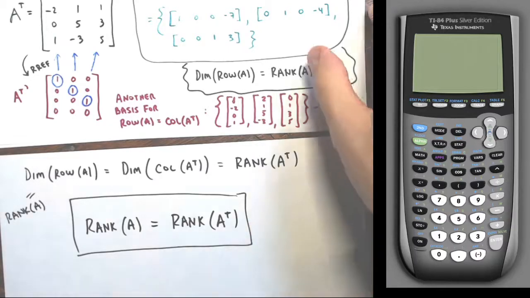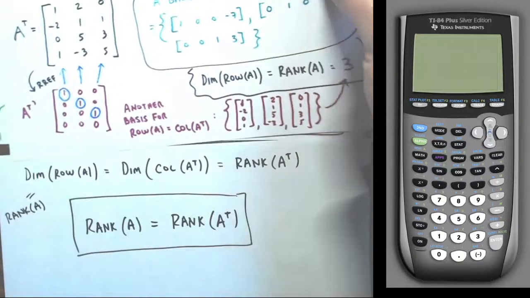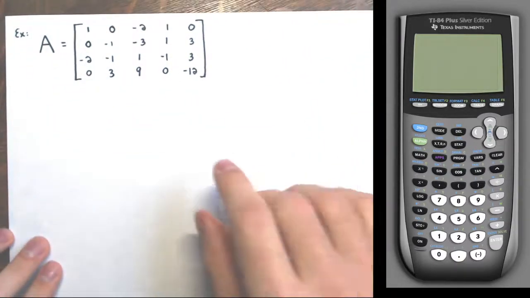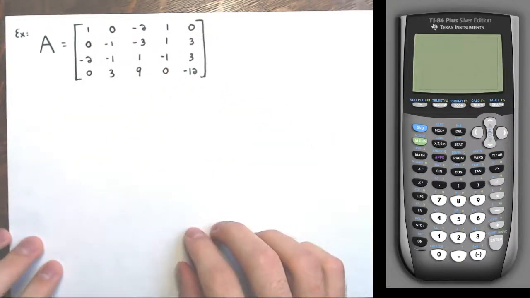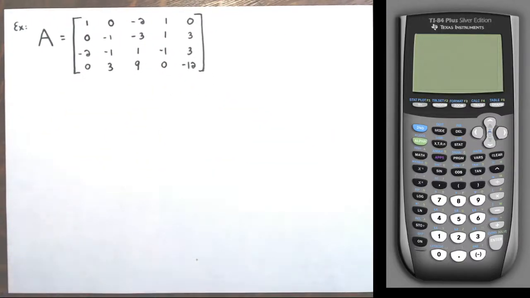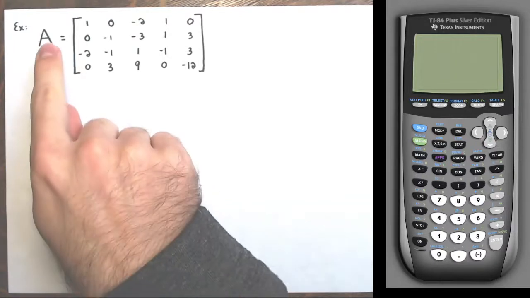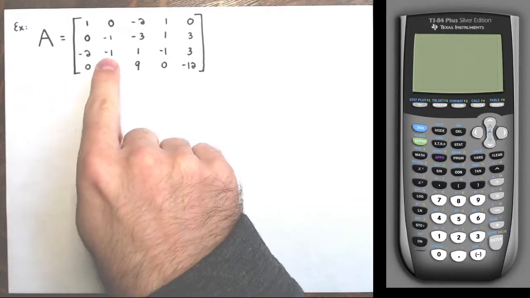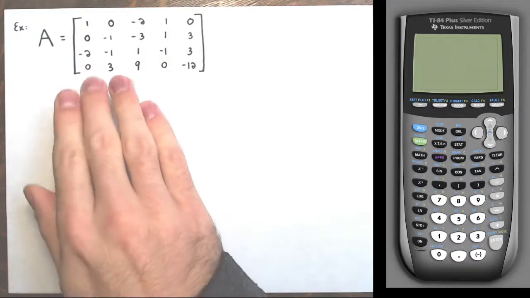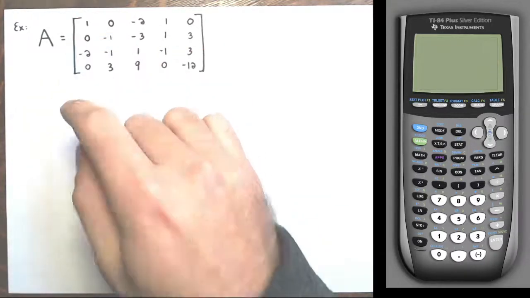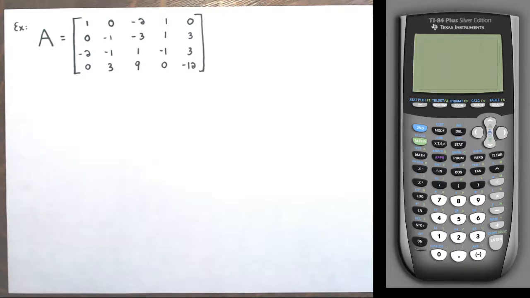So I'm going to do one more example of this, where this time I'm not going to write the transpose, because there's a lot of entries here. This time I have a 4-row, 5-column matrix, a 4 by 5 matrix, and I'm doing the same stuff. First I want to find the column space of A. Before I do any of this, instead of writing the column space as the span of these 5 columns, well, there's 5 vectors from R4, so it's definitely not going to be independent.